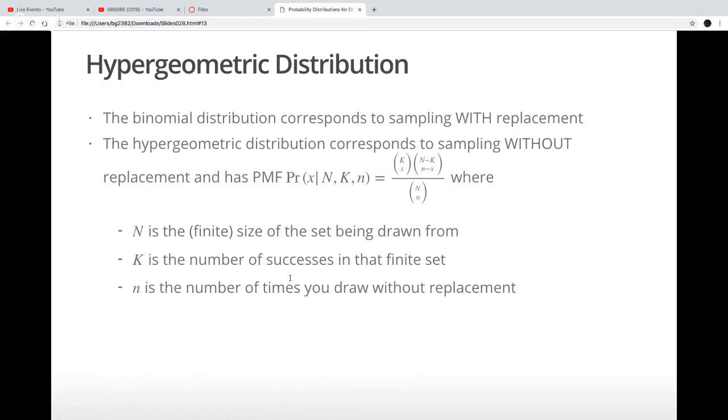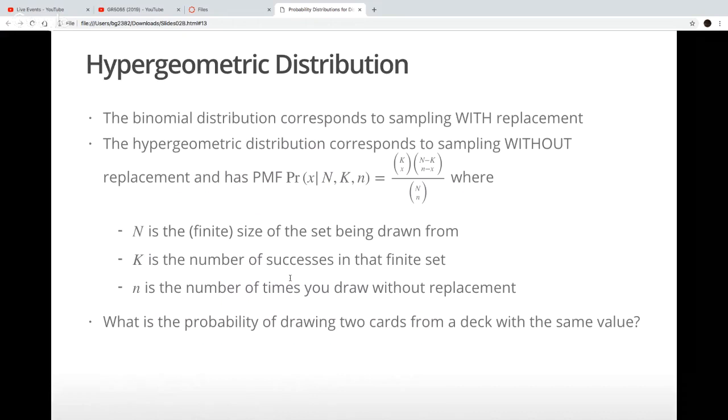So N is the size of the set that you're drawing from. K is the number of successes in that set. And little n is the number of times you're going to draw from that set without replacement. So you draw the first time, keep it out, draw the second time. For the second time you draw, the probabilities changed relative to the first time you drew because your set changed.